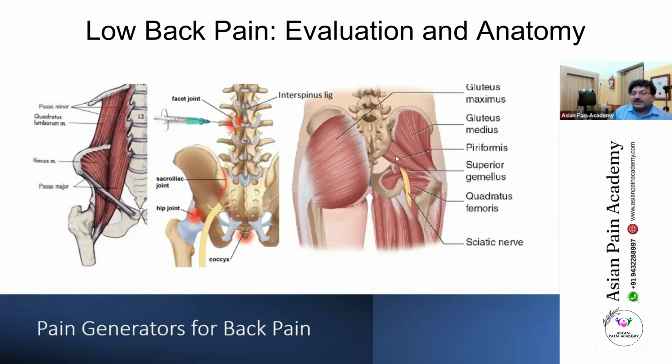Whenever there is spasm in this piriformis muscle, there is a disease known as myofascial pain syndrome. I have not told you about that disease earlier, so I'm not elaborating on it, but it is actually myofascial pain syndrome. Because of the spasm, there will be pain over this nerve, and the patient will have pain along this nerve.